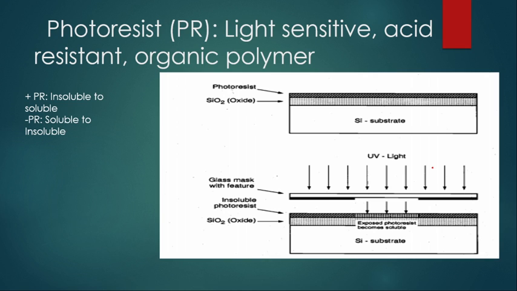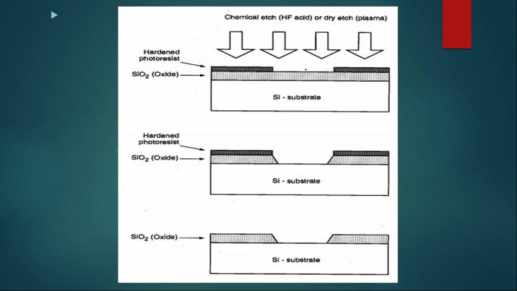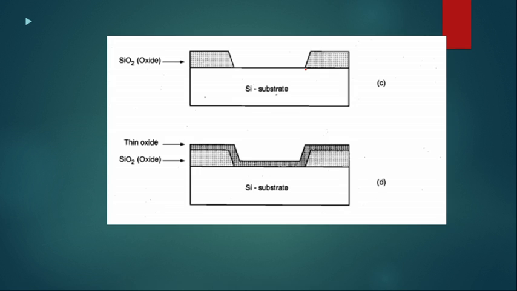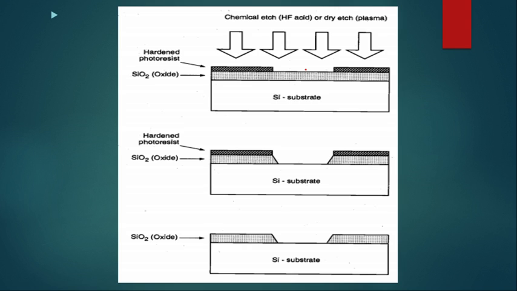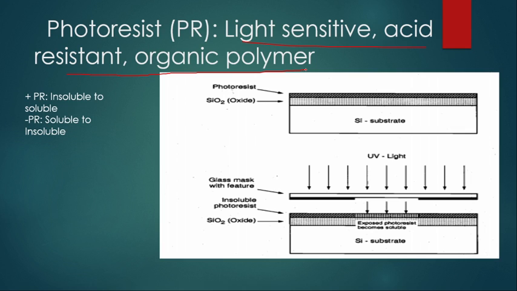Later on, the whole layer is deposited with photoresist. Photoresist is a light sensitive, acid resistant organic polymer. So basically, what is the requirement? The requirement is that the SiO2 layer is needed only on the source and drain terminals. The thick oxide layer has nothing to do with the gate area.